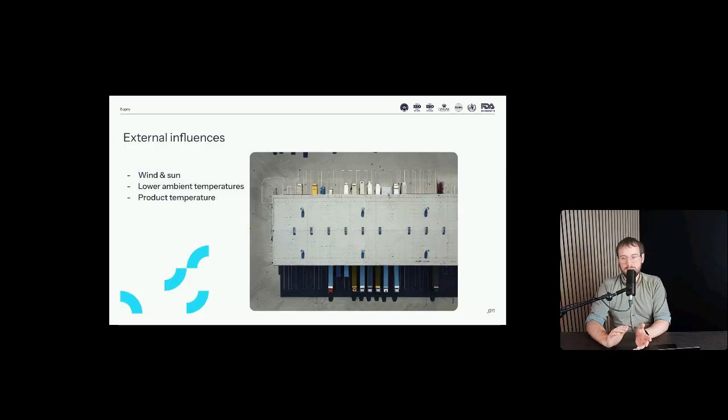Thirdly, product temperature. Often sensitive products are, of course, kept at controlled temperatures, but in cases where you have mixed environments, so you might have controlled environments that are somehow linked or in the same space as non-controlled environments, if you bring in large quantities of cold products during the winter or hot products during the summer, those can have a significant impact on the general temperature of your warehouse.